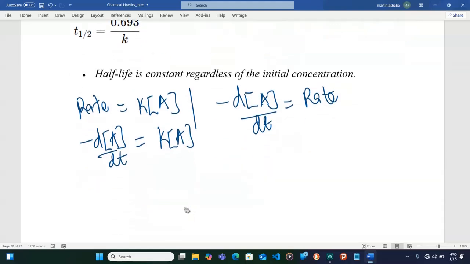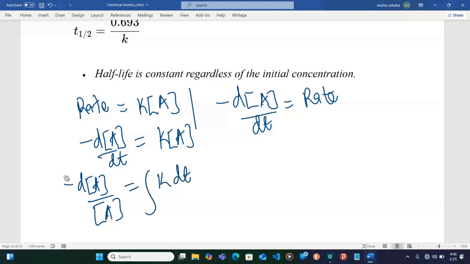So let's proceed. We are going to collect like terms, or separate variables. So let's separate the variables and we have negative dA divided by the concentration of A, this is equal to k dt. This is obviously a first order differential equation. So I'm going to introduce integration, but where am I going to pick limits?